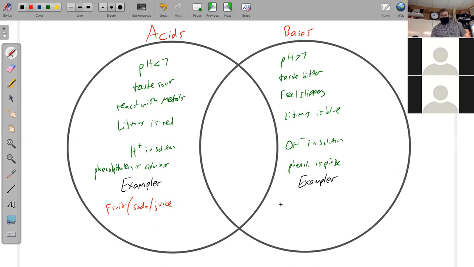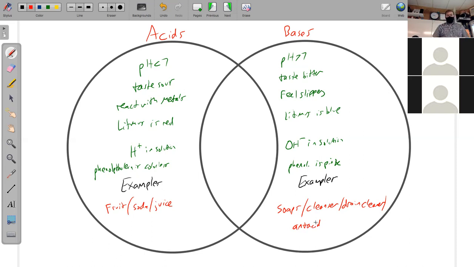But bases, common examples include soaps, or a cleanser, or a drain cleaner, or maybe an antacid, like Tums or whatever.